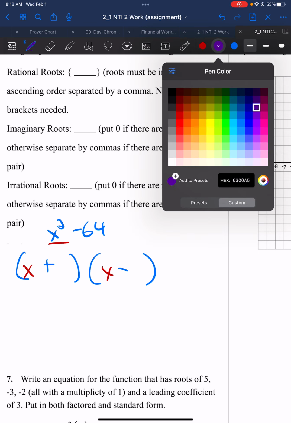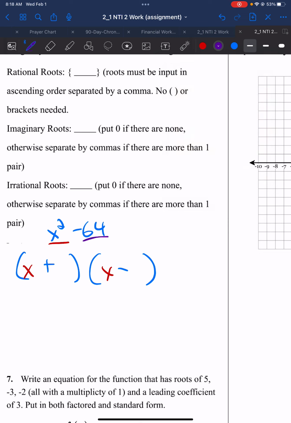And then right here, the square root of 64. Just ignore the minus. It just tells you that it's a perfect square, and I can do this. Don't get super caught up in all that. But what I have here is, take the square root of 64, and I'm going to have 8 and 8.